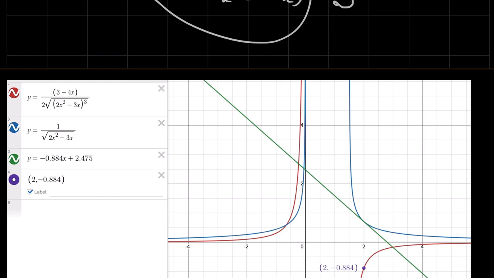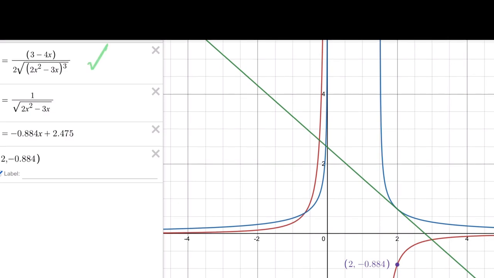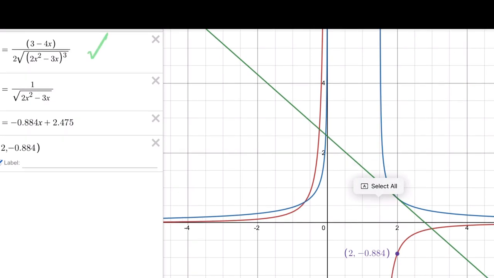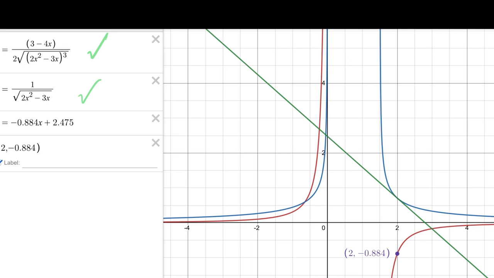So what I've got here is something that is hopefully a little easier to understand. I've graphed quite a few things here. I've graphed the derivative, the original function, and I've also graphed the tangent line at a certain point.